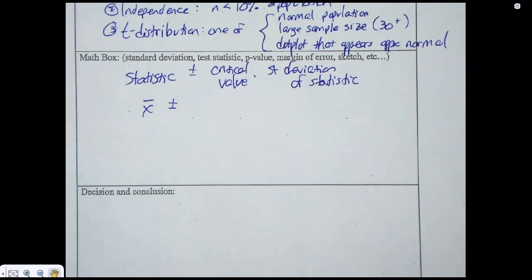We already wrote it on the paper. Mu. Thanks, Evan. Mu is population mean. X bar is sample mean. What about proportions? What's the population proportion? P. What's the sample proportion? P hat. All right, now I'm happy.